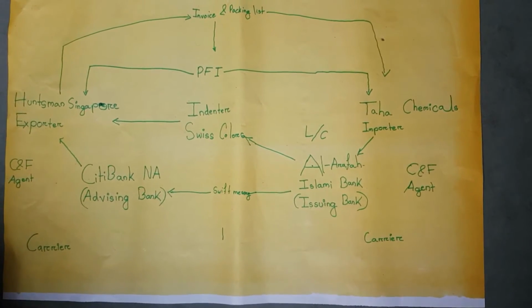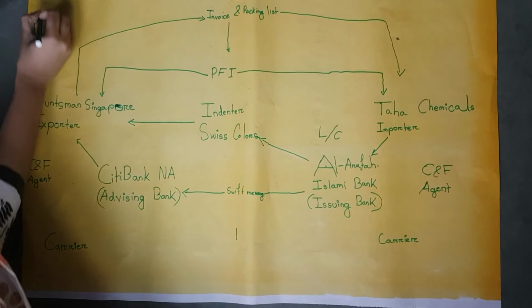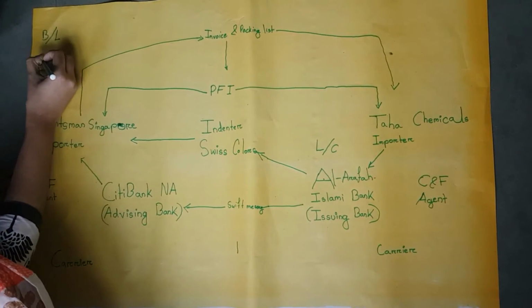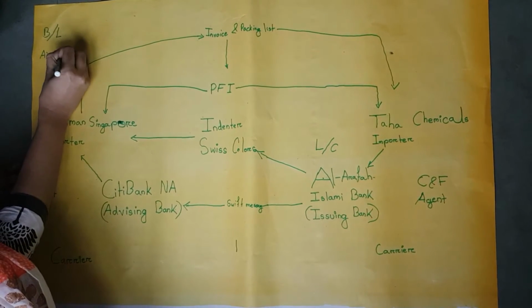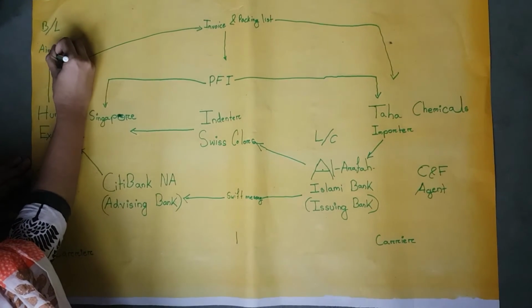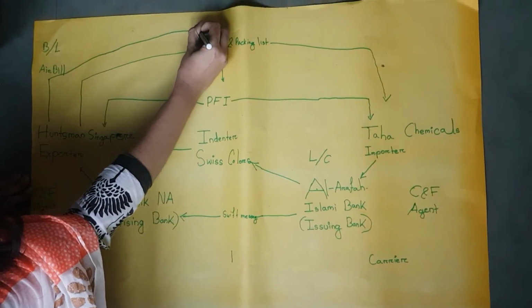After getting the confirmation of payment, the exporter will issue the bill of lading from the shipping corporation and the air bill from the airlines corporation. The documents will be sent to Swisscolor for confirming.